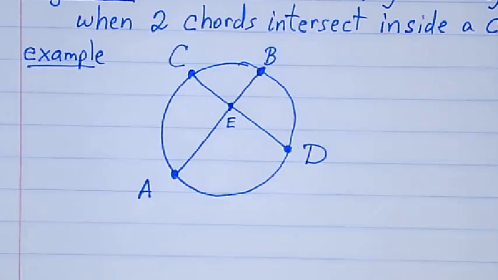You got two chords, they intersect. My question is, how many segments is each chord divided into? Okay, you didn't think about it.